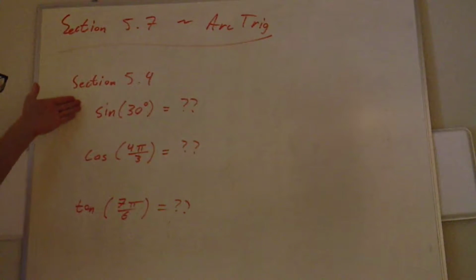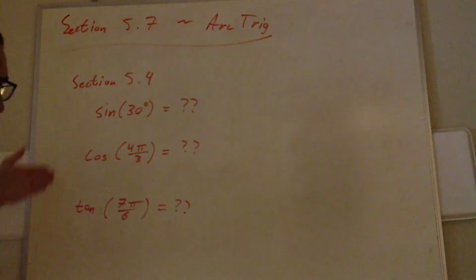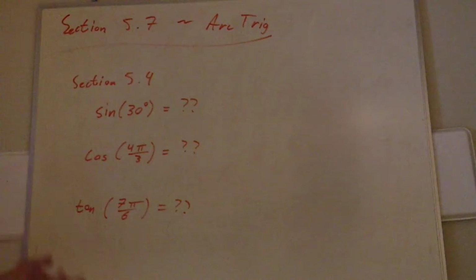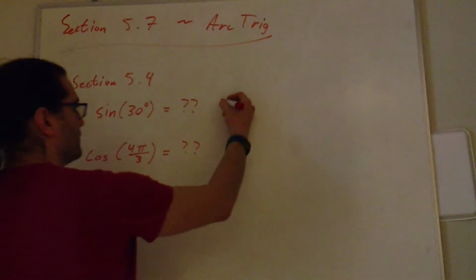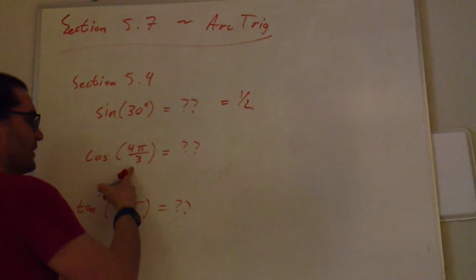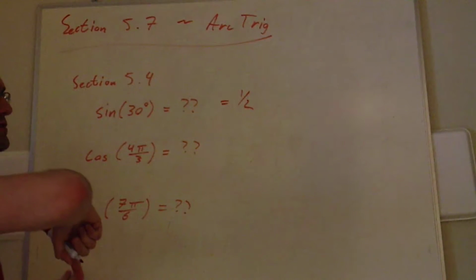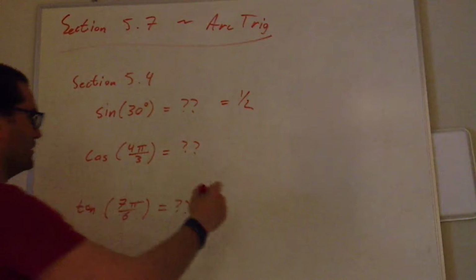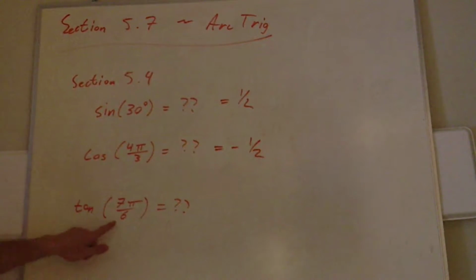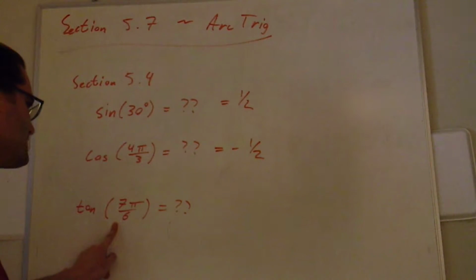We would look at the y value of the unit circle for sine, the x value for cosine, the ratio y over x for tangent, once we found these angles. And we found that the sine of 30 degrees is 1/2. The cosine of 4 pi over 3 is, let's see, that's third quadrant, close to the y-axis, so that's going to be negative 1/2. 7 pi over 6 is also third quadrant, but close to the x-axis.